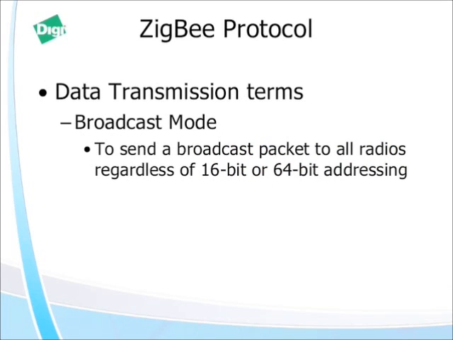In ZigBee, there are a multitude of different ways of sending data from one node to another. One of them is broadcast mode. And actually, you never want to use broadcast mode in your application. You might think, well, I'm trying to broadcast to a bunch of different signs or devices, and I want to send them all new instructions at once.